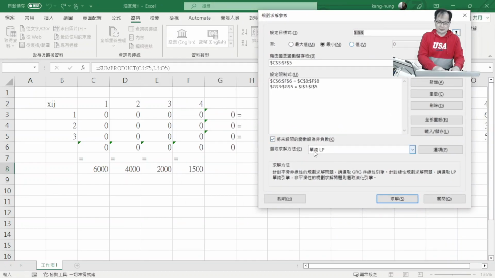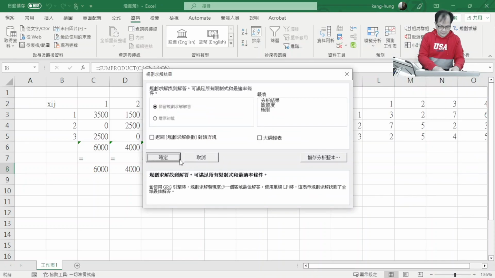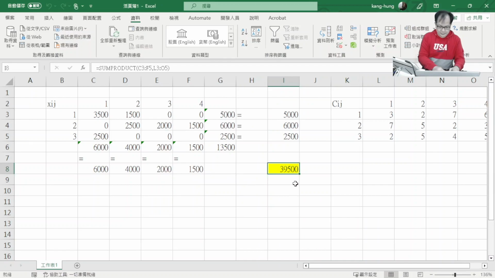And choose the simplex LP, then press enter, and you will get the number.